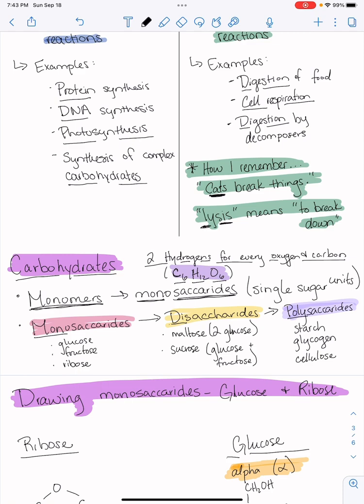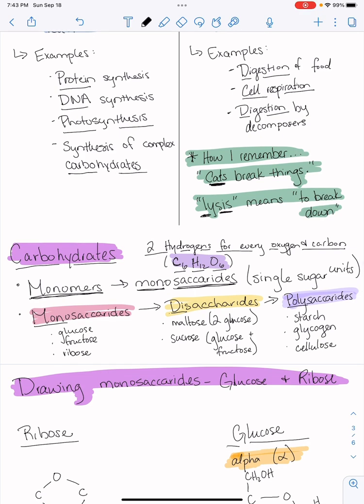And then disaccharides can form polysaccharides. Poly means many, so many sugar units. Starch, glycogen, and cellulose are some examples of polysaccharides, and we'll talk about them in a little bit and I'll show you what those look like.